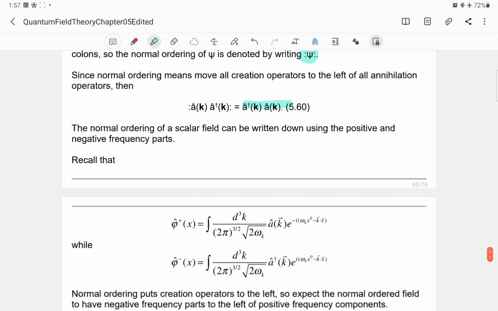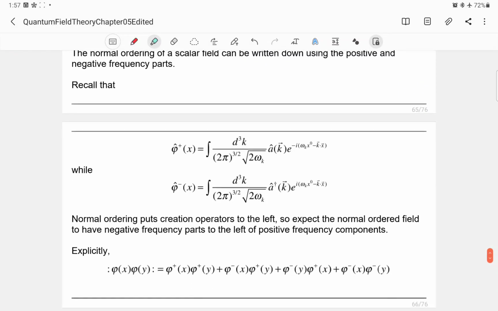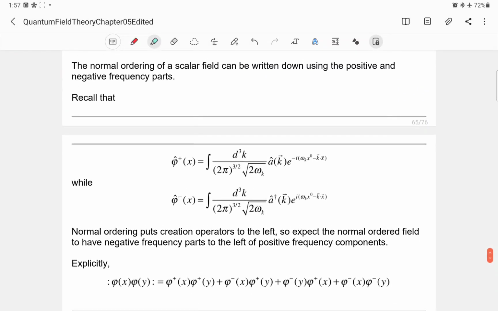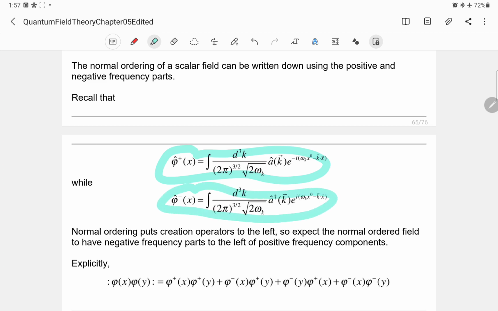So if you recall, say this one is your positive frequency state and negative frequency state, and the normal ordering puts creation operators to the left, so expect the normal ordered field to have negative frequency parts to the left and positive frequency components to the right.